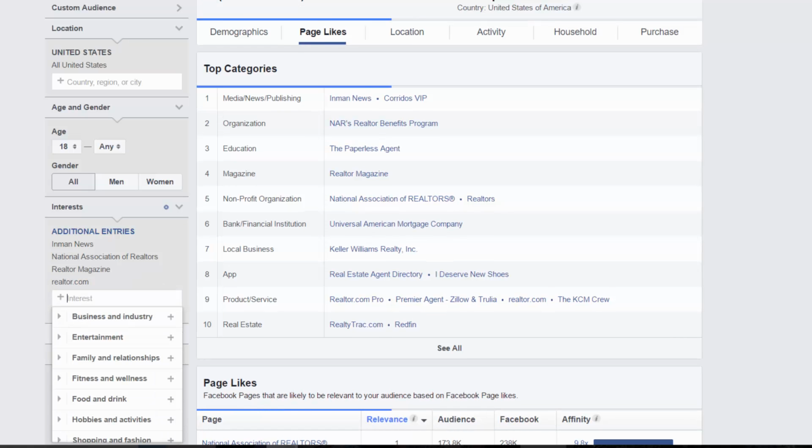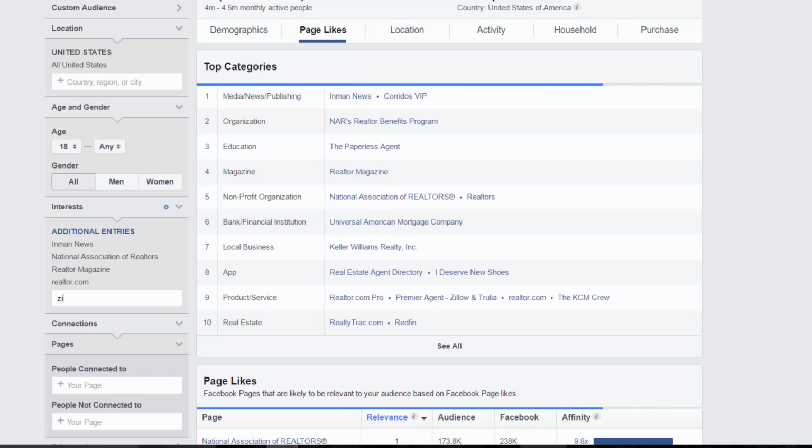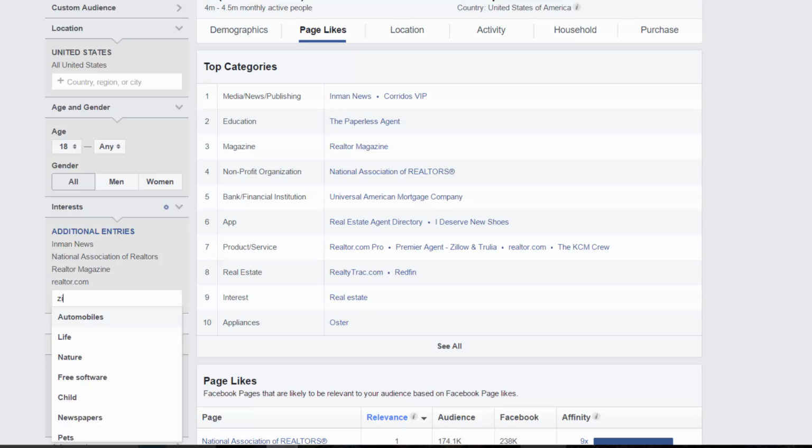Now, if I'm looking at Zillow and Trulia, I don't really want to, and I'll show you, this is just a little trick I learned. There is an interest for Zillow, but a lot of people are interested in Zillow, including a lot of buyers and a lot of sellers, right? So you don't really want all the buyers and sellers because right now we're looking at real estate agents.